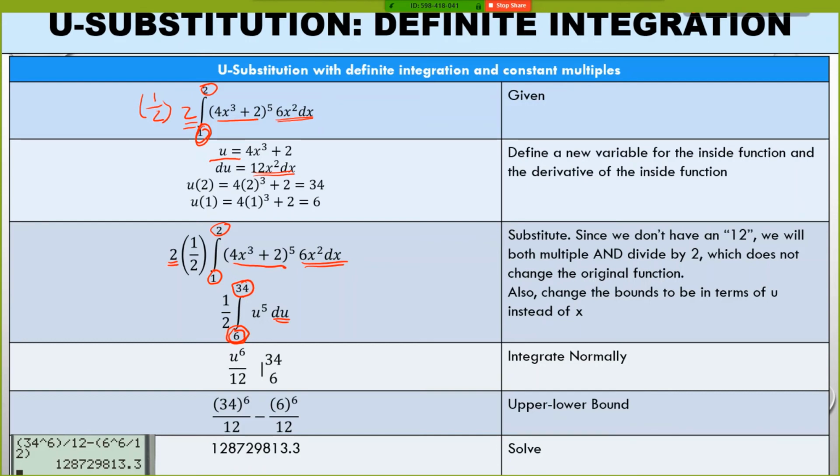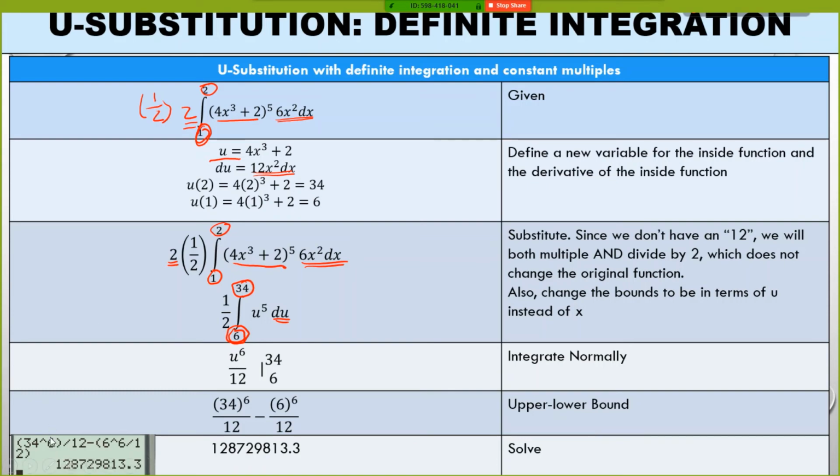Okay, so then from here we integrate normally. If I integrate u to the 5th power, I get u to the 6 over 6 times the 1/2, which is u to the 6 over 12 from 6 to 34. I'm going to plug in 34 and subtract what happens when I plug in 6 to get my answer.